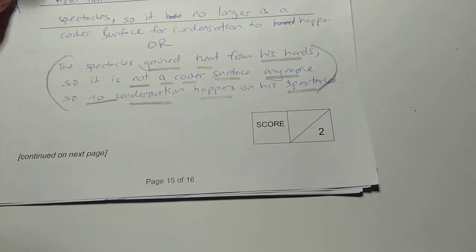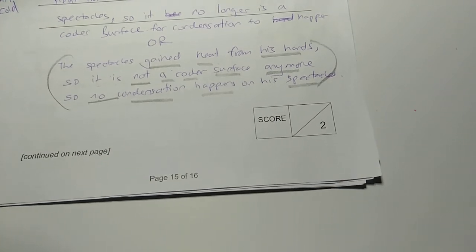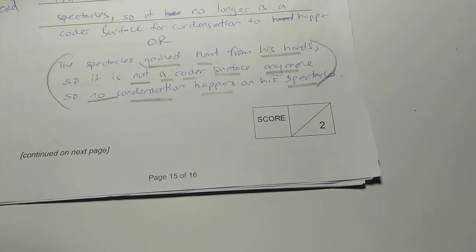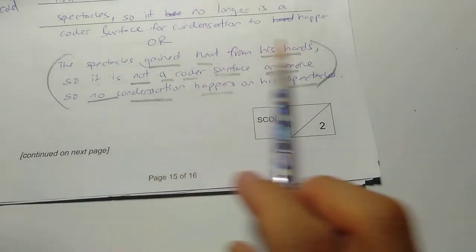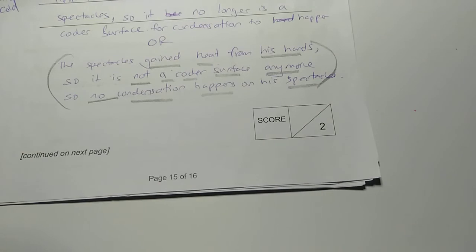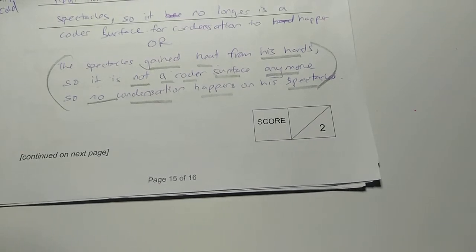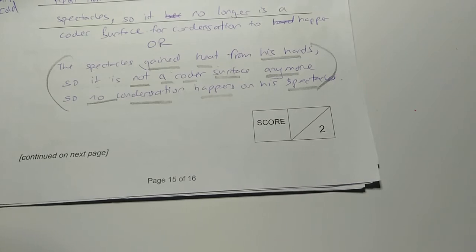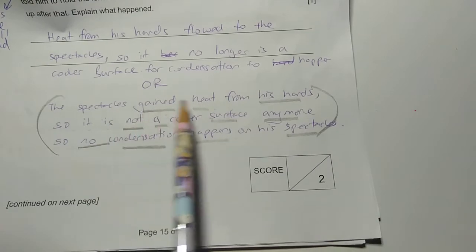Now, one of my students gave a different answer that I thought was quite interesting. I think her answer is correct too. I will not share it here, but to that student, I did write down, learn a new answer. So please write this down as well. Why not I share it? Her answer seemed to make sense. What she wrote was, the spectacles gain heat from his hand.